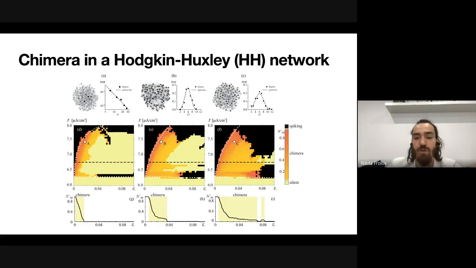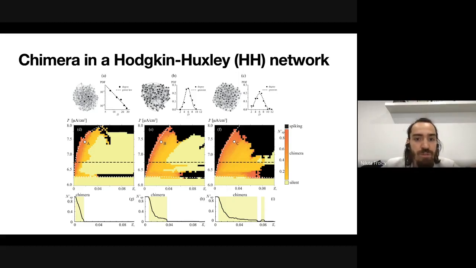So an increase of the coupling strength within the layer and an increase of the current bias lead to the formation of a silent cluster instead of synchronization between the neurons.